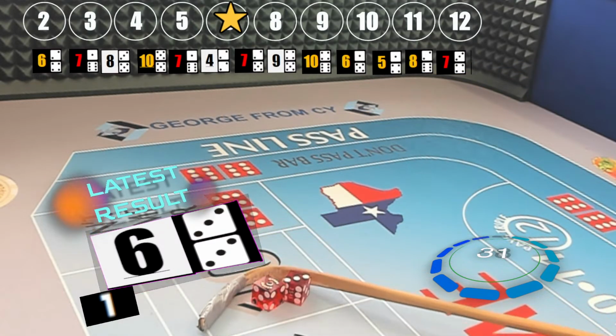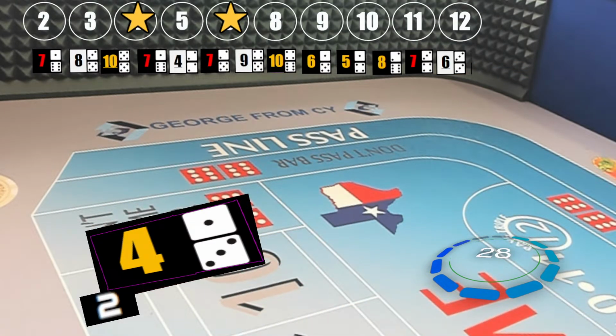We still got the 3 going on for us. So that's good rotation.